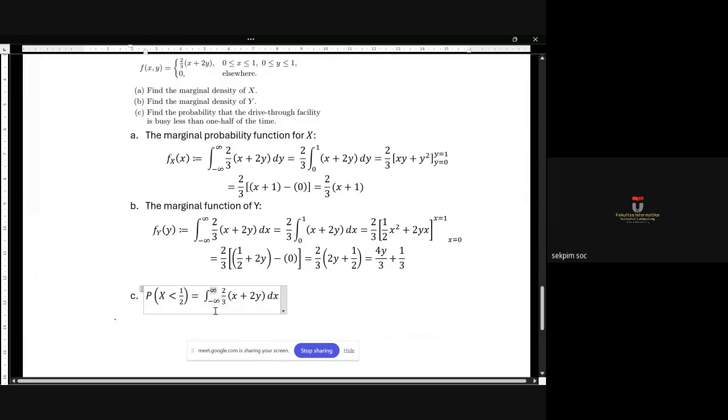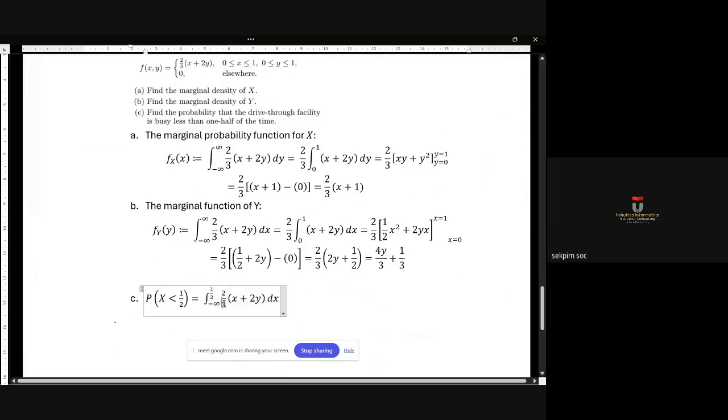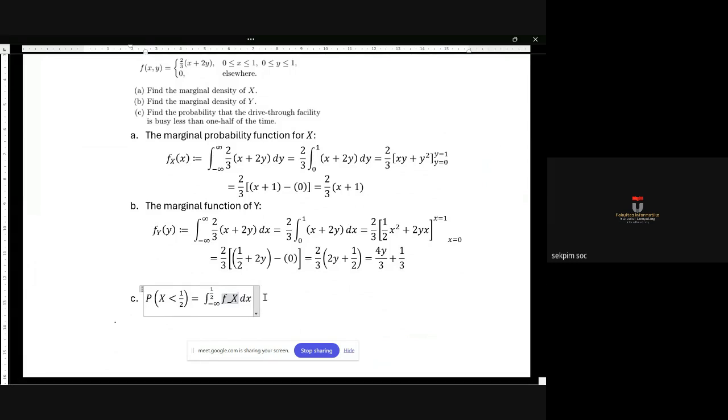Less than half means that it's from minus infinity to half of fx dx, right?